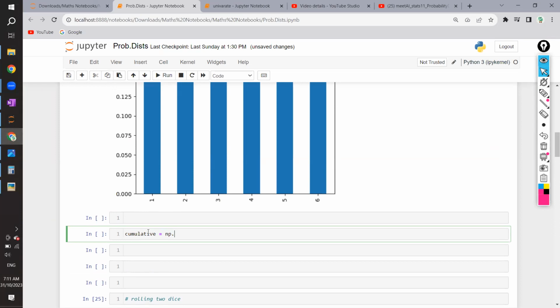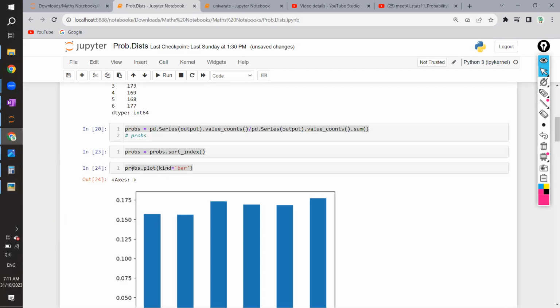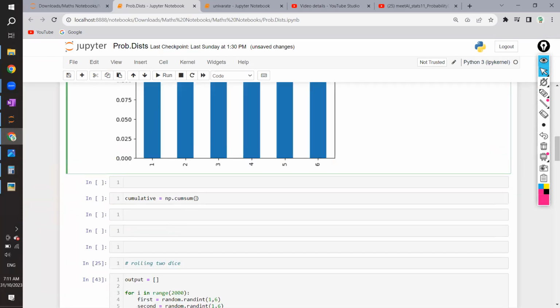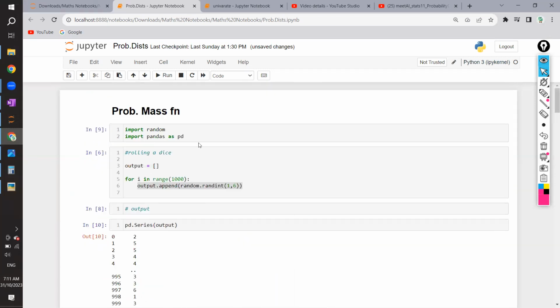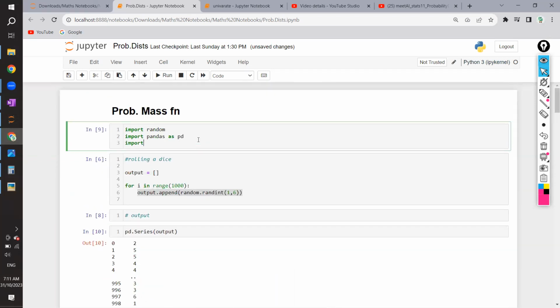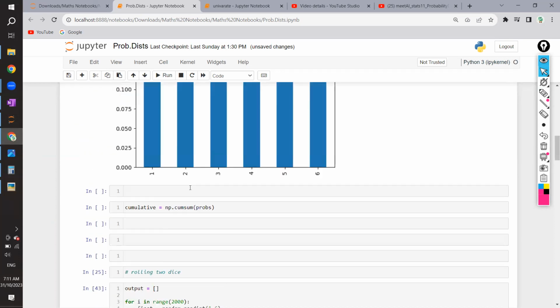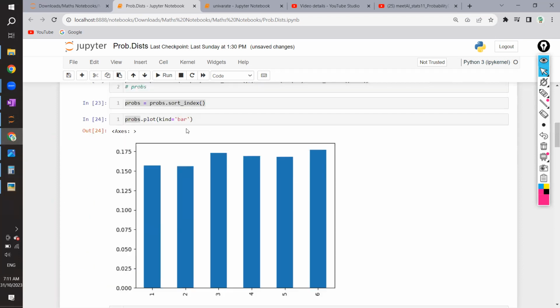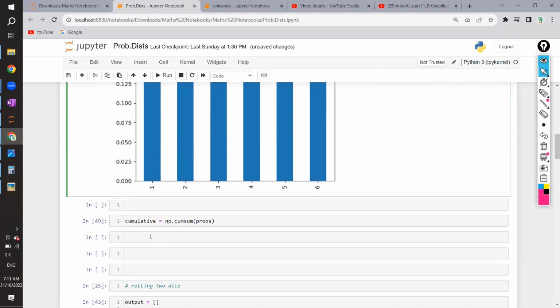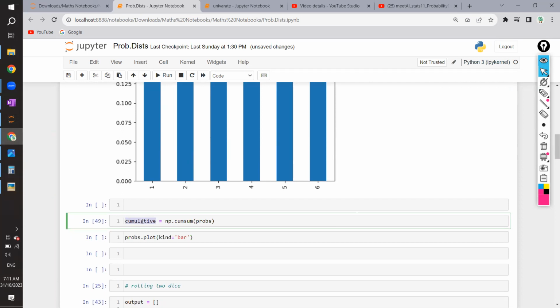In numpy you have something called cumulative sum, of these props. If you are using numpy, first you need to import it, so come here and do import numpy as np. Okay, you got the cumulative, then you just need to plot this cumulative.